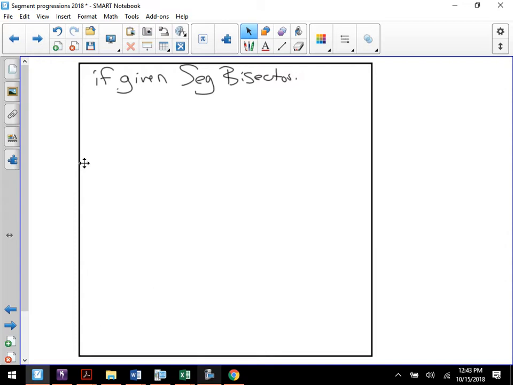It halves them. So what would you say in terms of segments? You get two equal segments, right? So you would state kind of the same thing as a midpoint, wouldn't you?